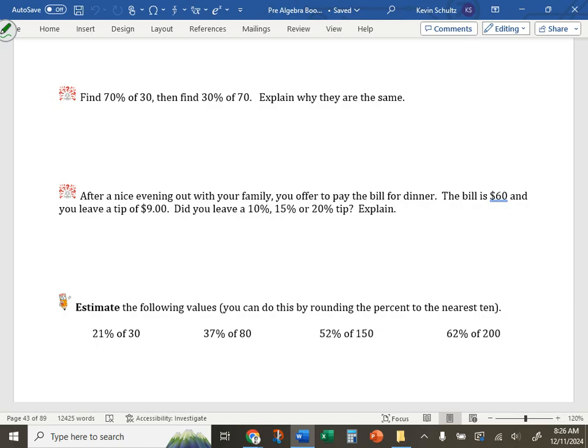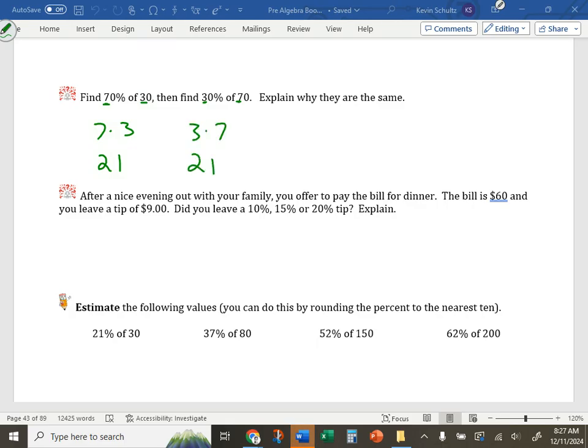Remember, the multiplication method is you're ignoring the zeros and you're just multiplying those first digits. 21, right? So 70% of 30 is 7 times 3, which is 21. What's 30% of 70? Why is it 21? Because 3 times 7 equals 21.